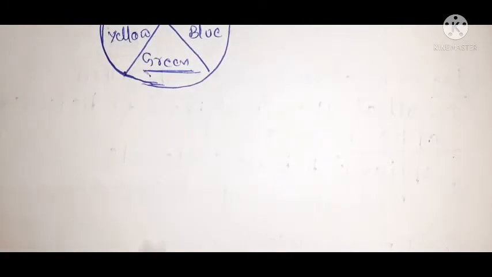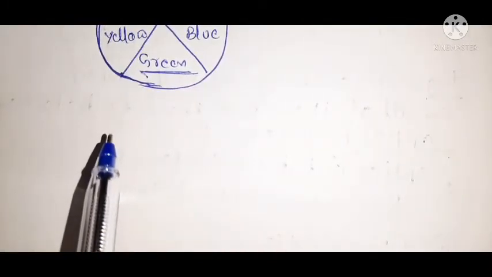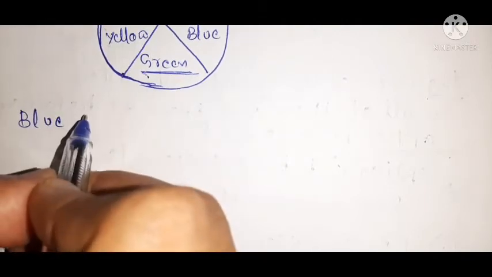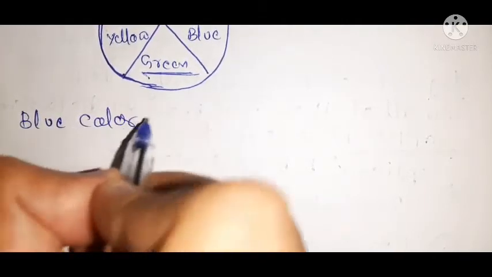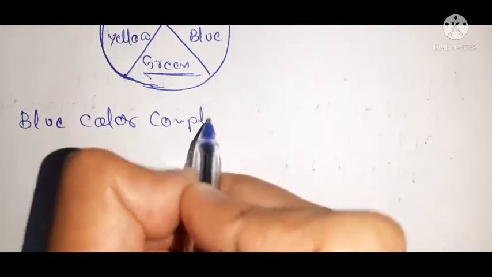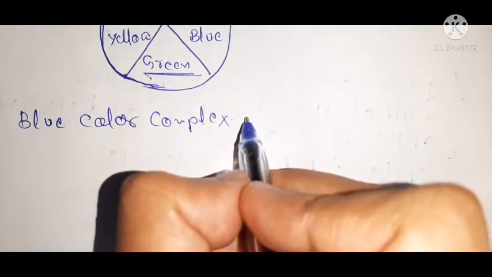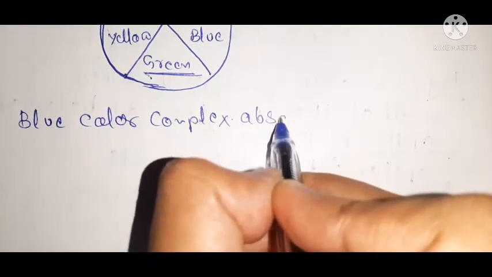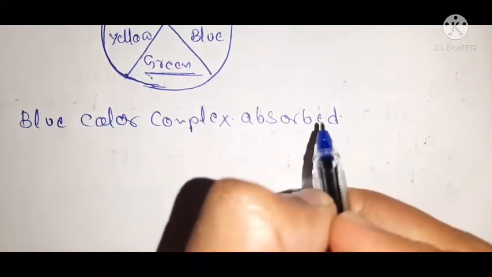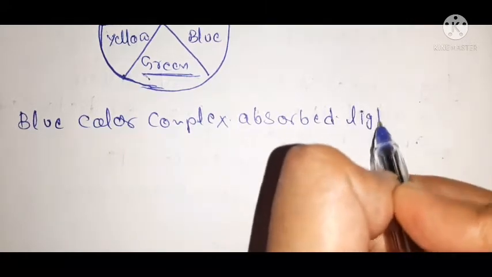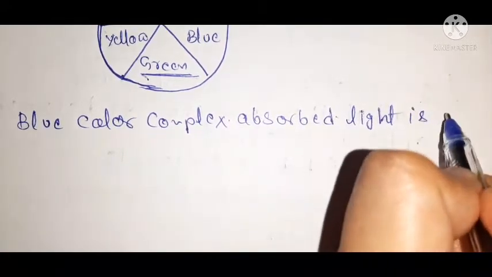So now on the basis of this color wheel, we conclude that a blue color complex absorbed light is orange.